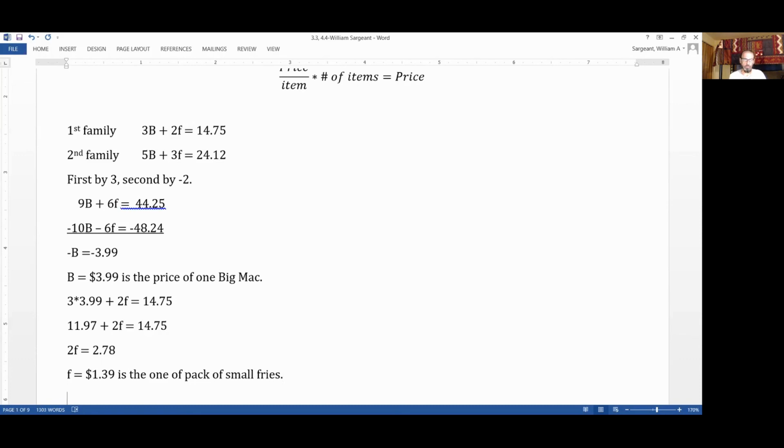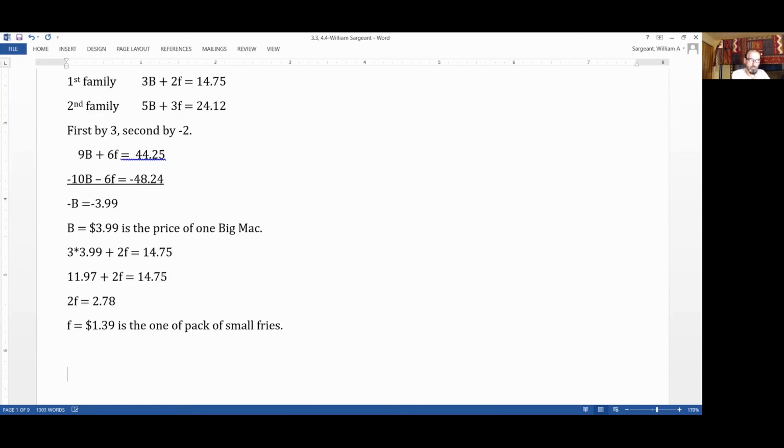Since I got that from the first equation, it would be worth checking to look at 5 times 3.99 plus 3 times $1.39 and see if we get the 24.12.